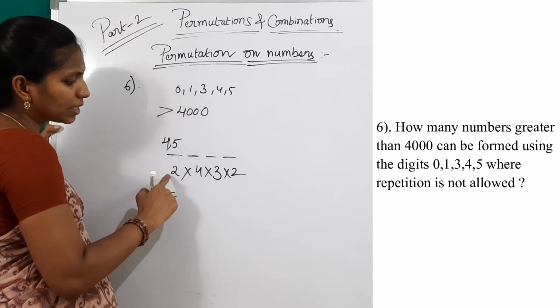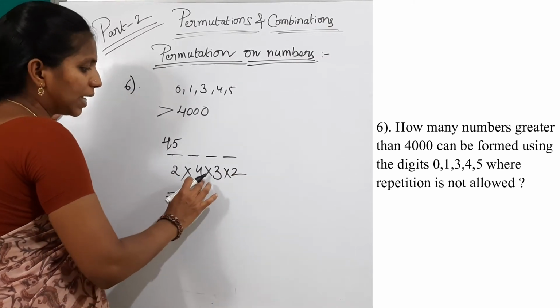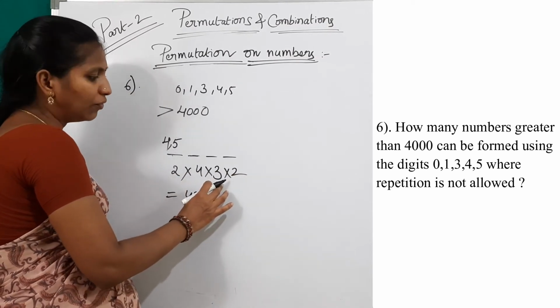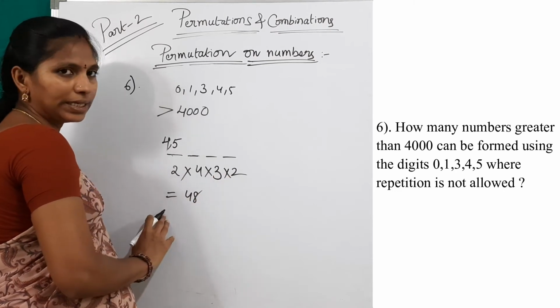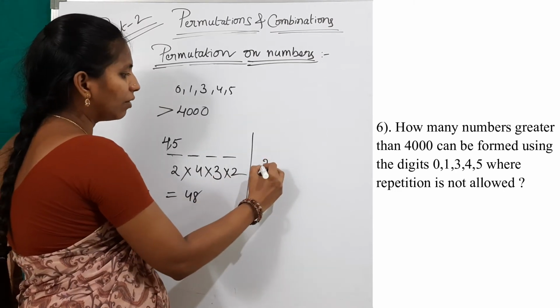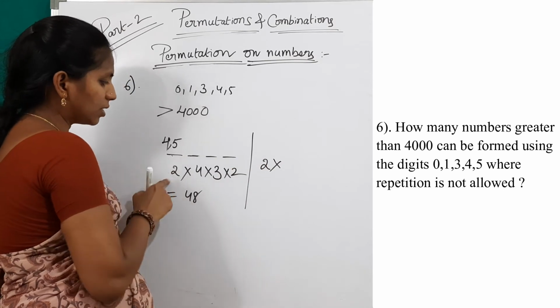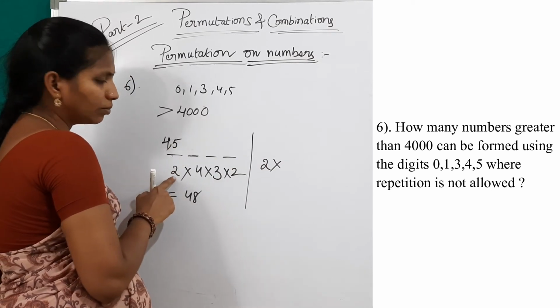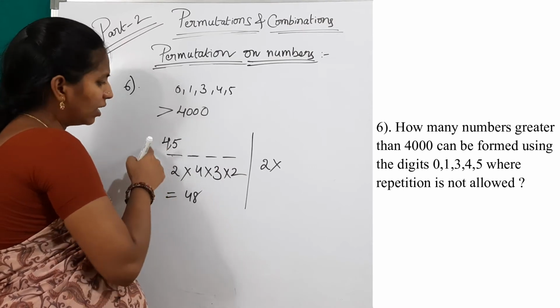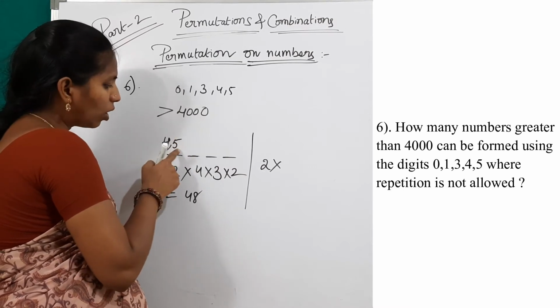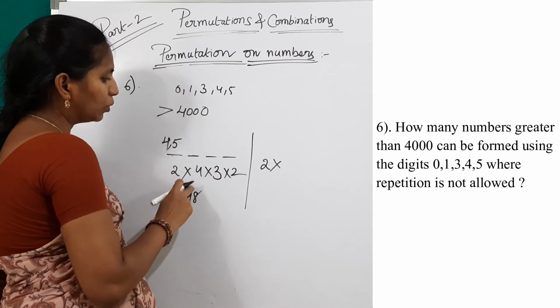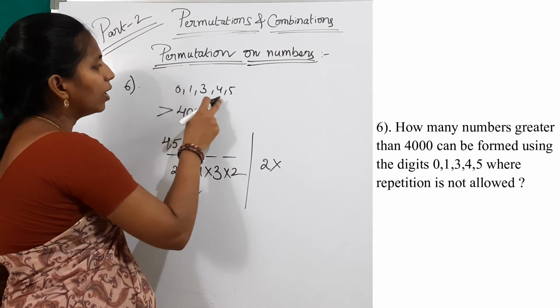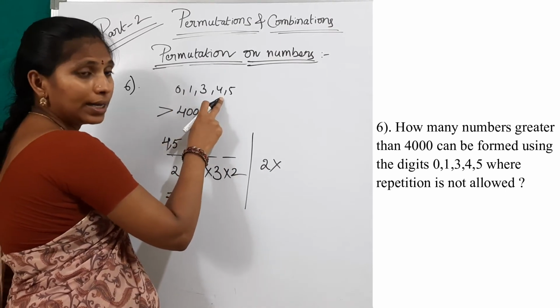So the final result is 2 into 4 is 8. 8 into 3 is 24. 24 into 2 is 48. Same thing we can write like this. 2 into 2 chances. One is for 4 and the other one is a 5. Without writing individually, I wrote like this. 4 comma 5. 2 chances. 2 into. There are 3 blanks and there are 4 digits.